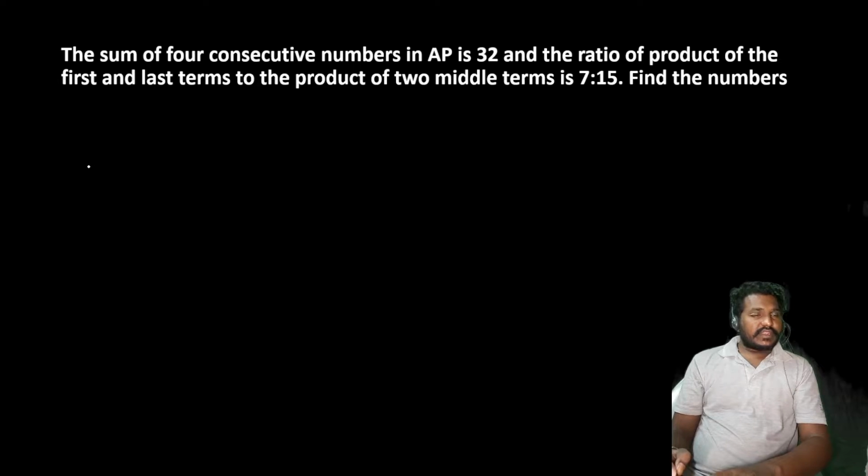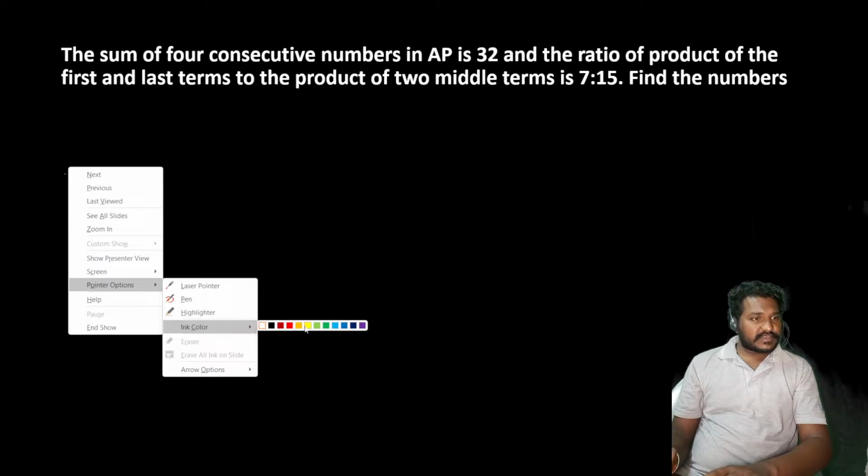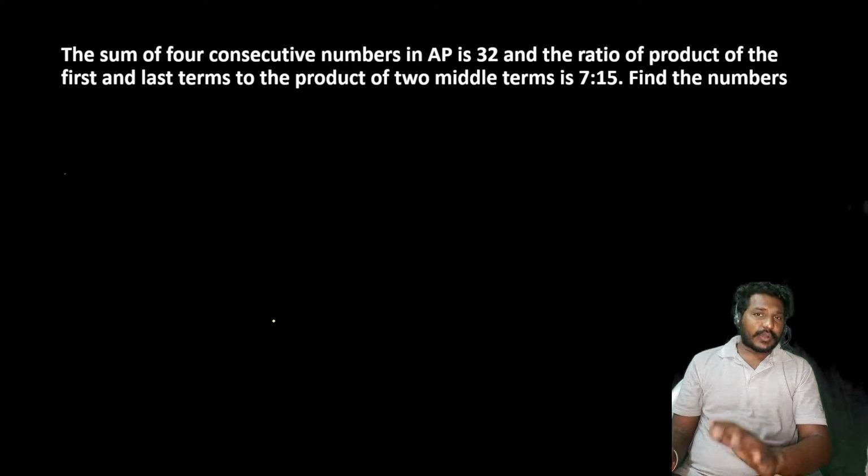Whenever you want to assume consecutive terms in arithmetic progression, always remember we will make the problem as simple as possible. If a problem involves only one variable, it becomes very easy, because we can solve directly without substitution or elimination.